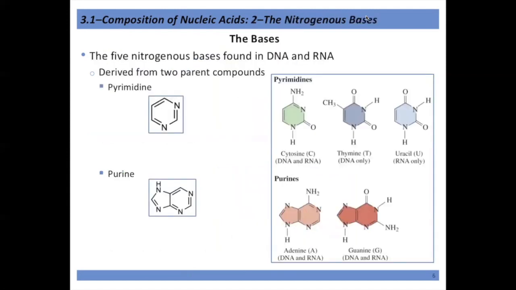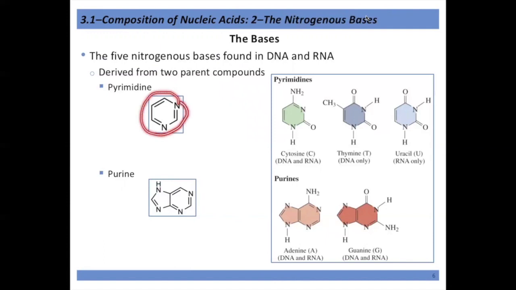Let's go talk about the bases. The bases are generally classified in two different groups, the pyrimidines and the purines. I always have a hard time remembering these, and so I have to think, well, the big name pyrimidine is the small ring or the six-membered ring, and purine, the small name, has the big structure. You can actually see that they are very similar.